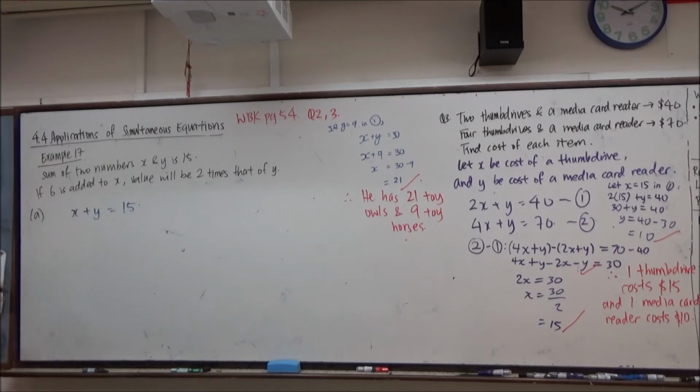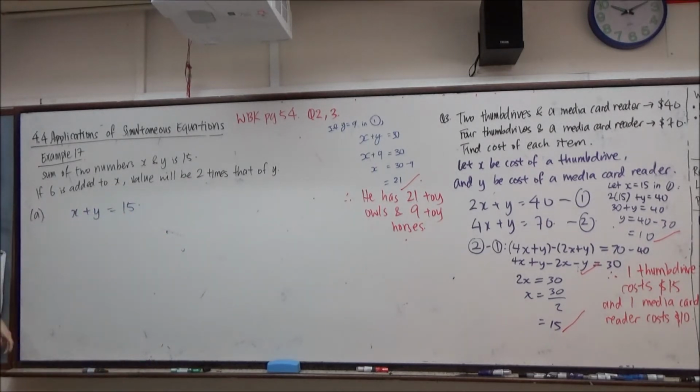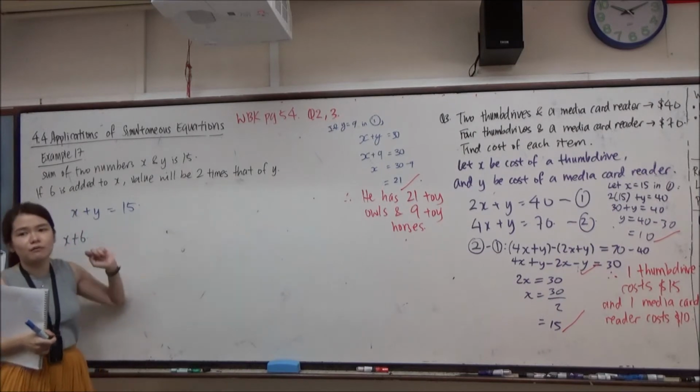And then what about the second one? It says if 6 is added to x, the value of this will become 2 times that of y. How do we form that equation? Wei Le, what do you think? If 6 is added to x, what does this part mean first? Very good, x plus 6. And this value will become 2 times that of y.